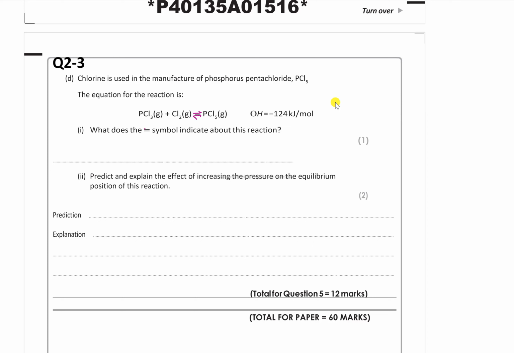This means that the forward and backwards or reverse reaction occurs at the same time. Or you can say something like this: the reaction is reversible.